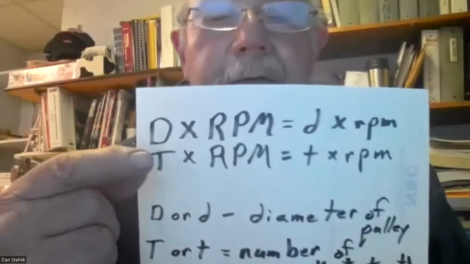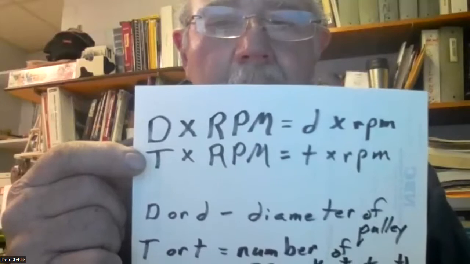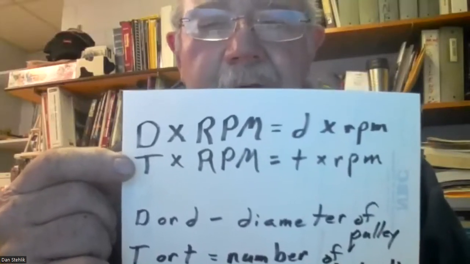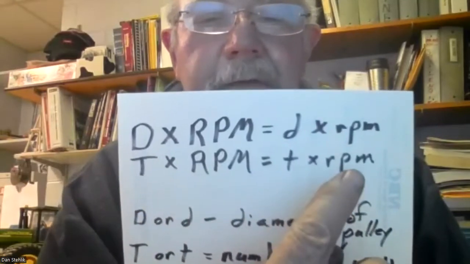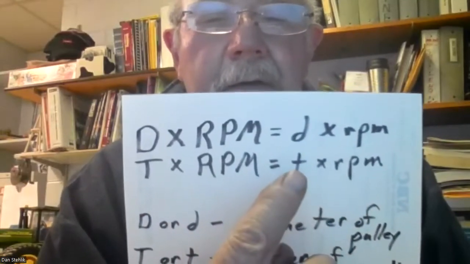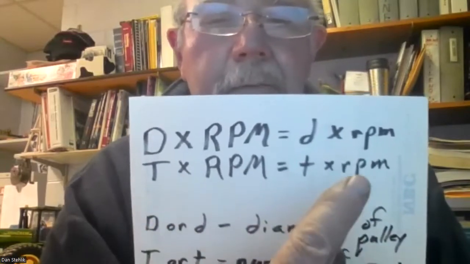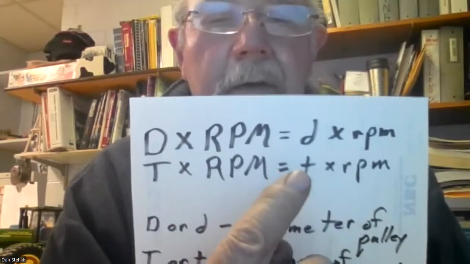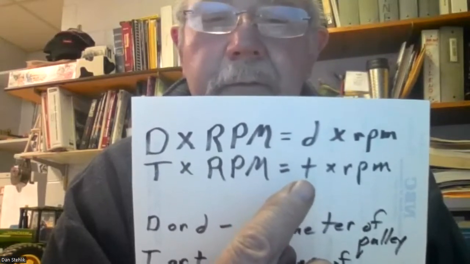With sprockets, it's the same thing, only you count the teeth. So if you have 6 teeth here at a certain speed and it's the same speed, you would have 6 teeth here. If it's a different speed, you might have a different number of teeth on the driven sprocket.